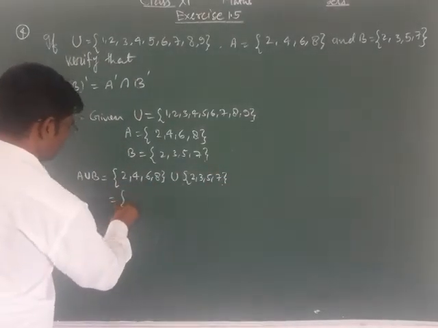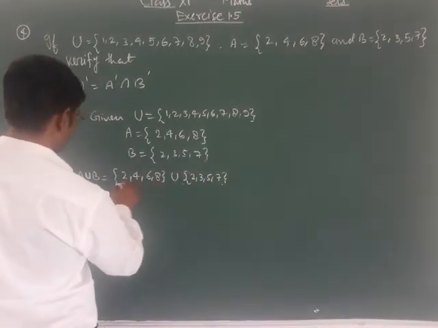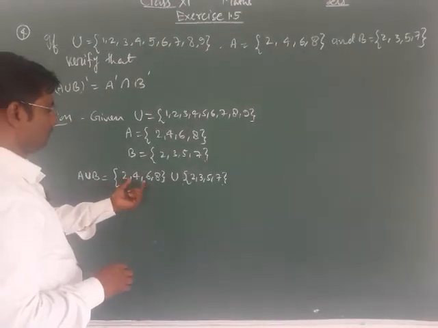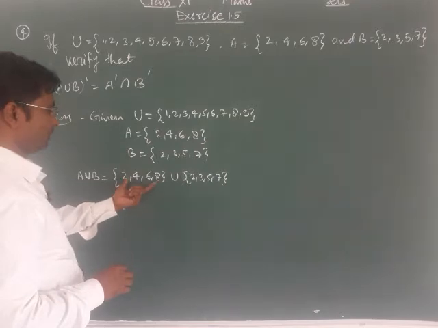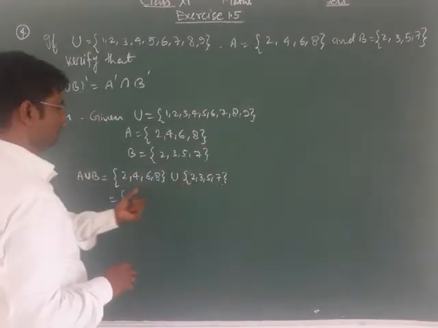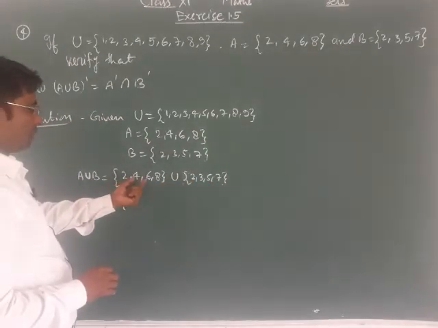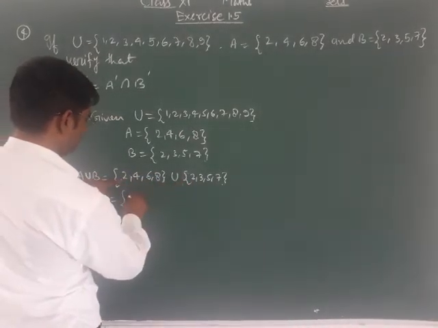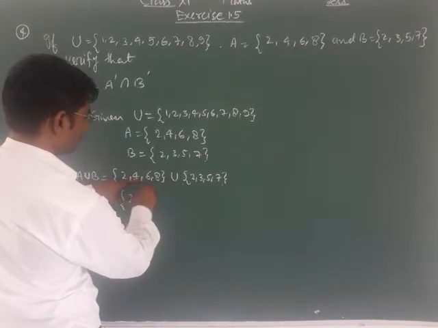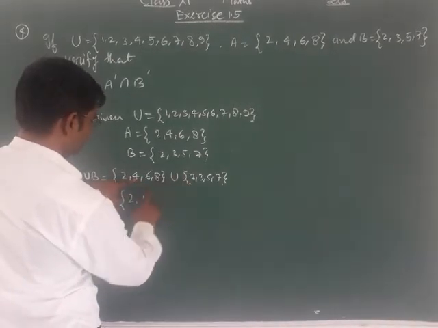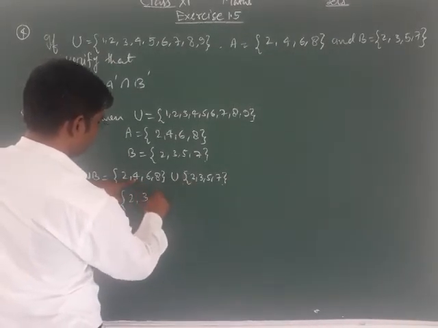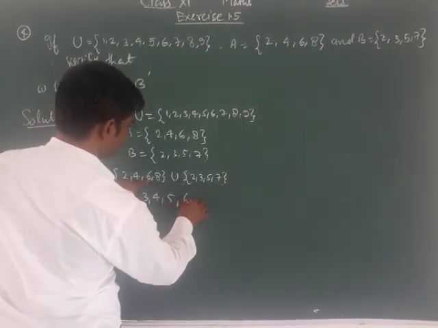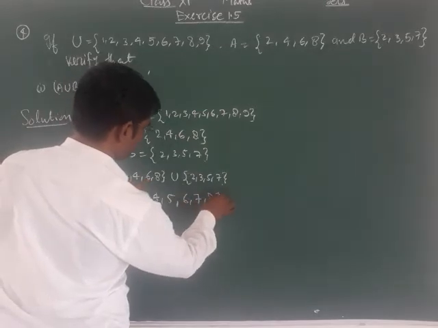In A union B, all elements are from set A or set B, and common elements are written only one time. So 2, 2 only once: 2, 3, 4, 5, 6, 7, 8.